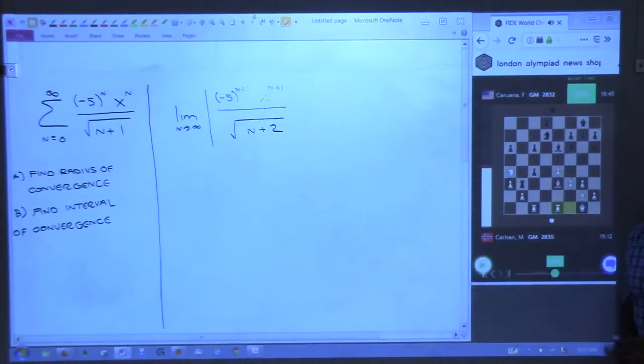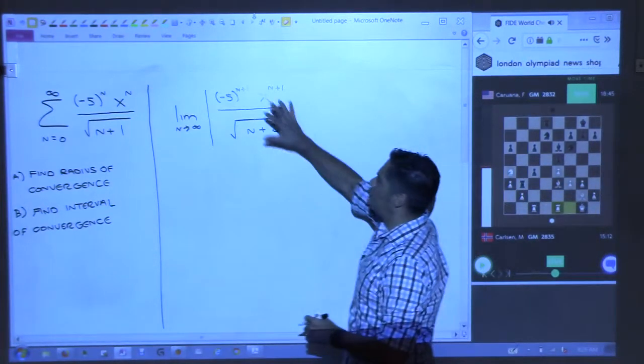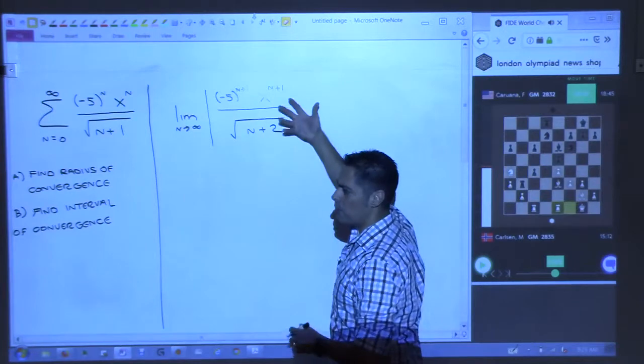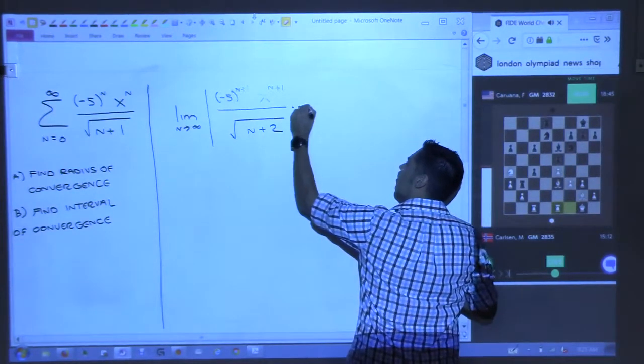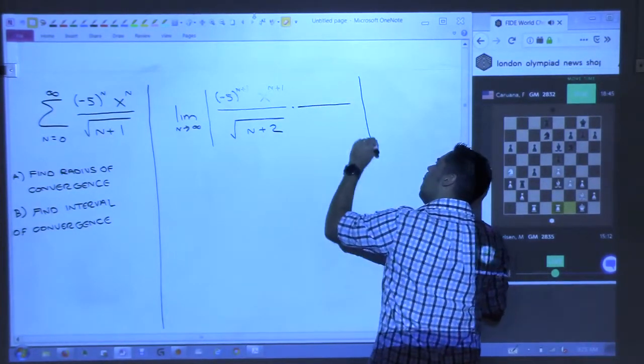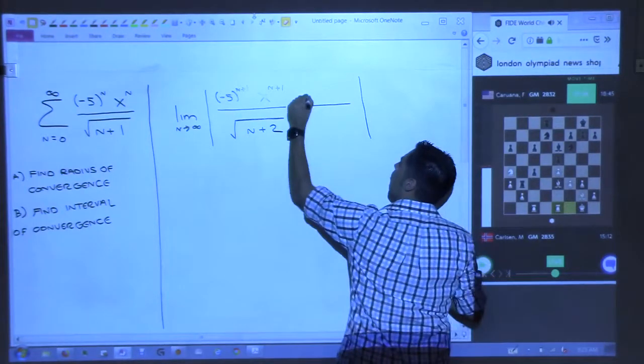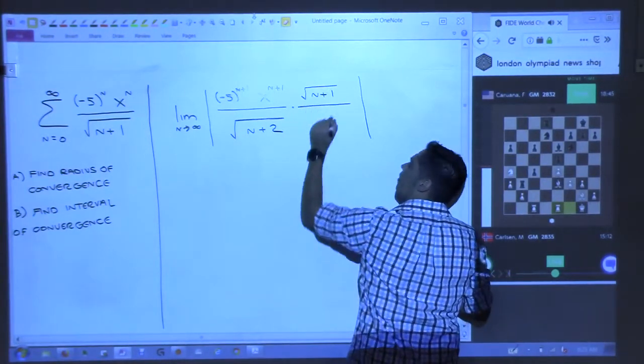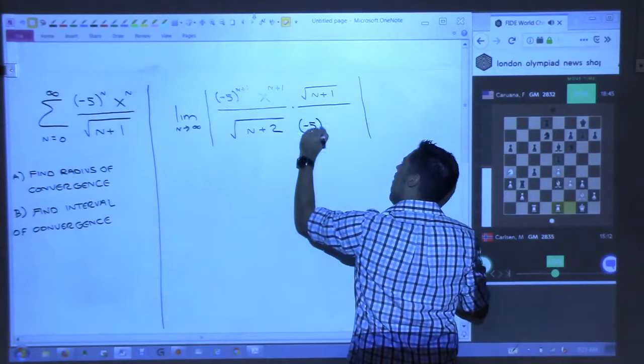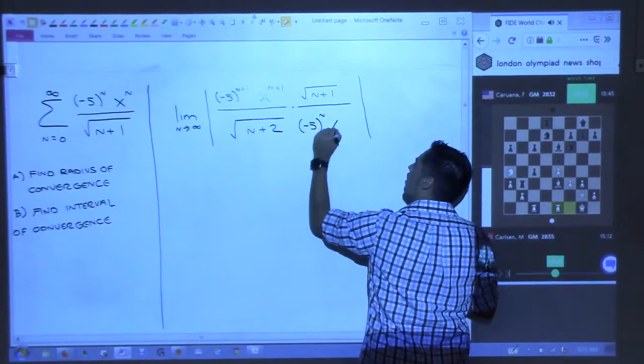That's n plus 1 plus 1. Okay. And then I'm supposed to divide that by a sub n, but I'm going to multiply by the reciprocal. So what goes here? Root of n plus 1 on top, -5 to the n here, and then x to the n here.